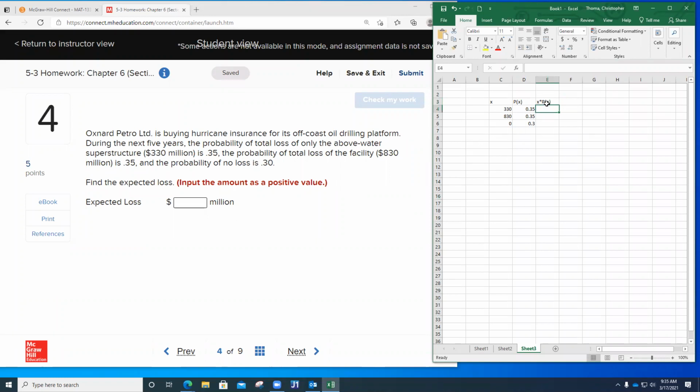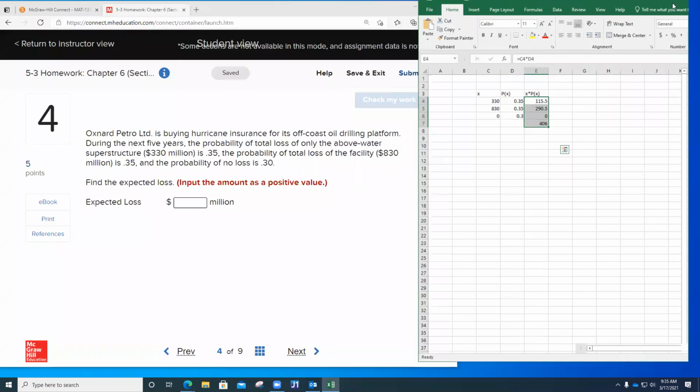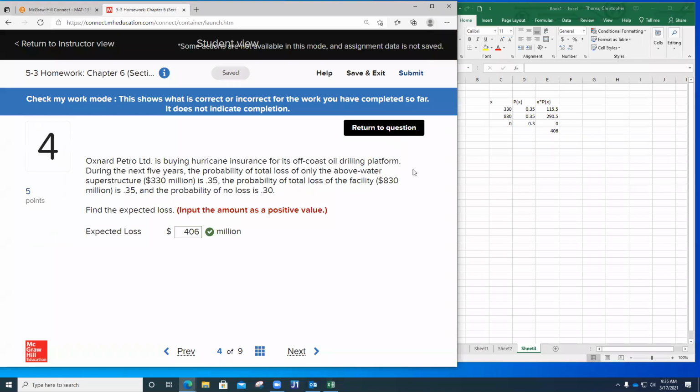If I wanted to talk about profit, these would all have to become negative. Not the probabilities, the x's. So this times this, oops, this. Enter, do our little drag. And then again, add them up. So 406 million is our expected loss.